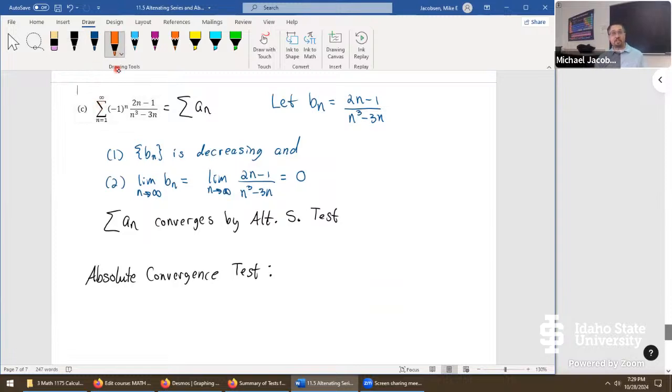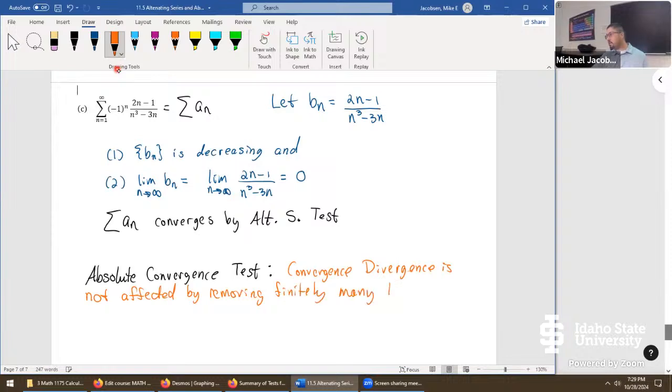So here's one idea the author mentions occasionally in the reading. Convergence or divergence is not affected by removing finitely many terms. If the series diverges, taking out the first two terms isn't going to change that fact. It's still diverging.